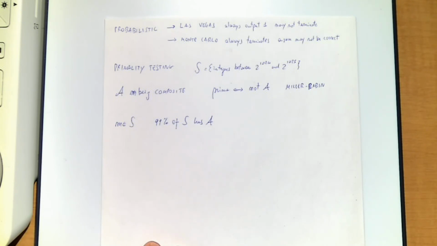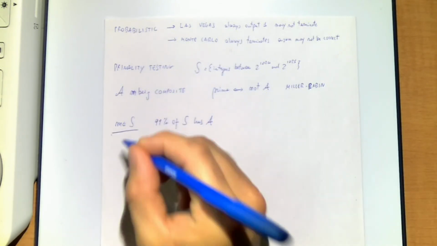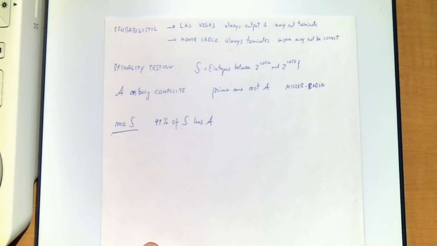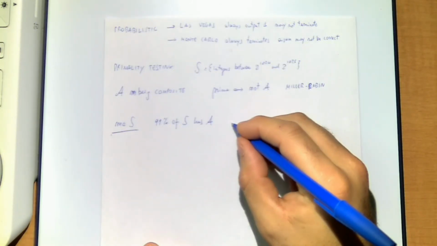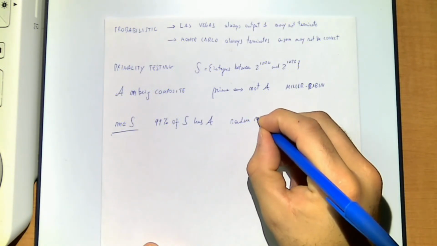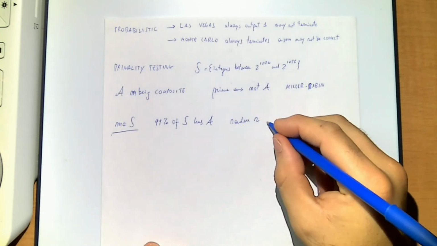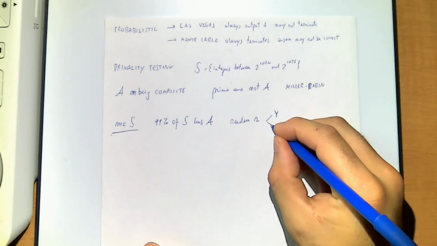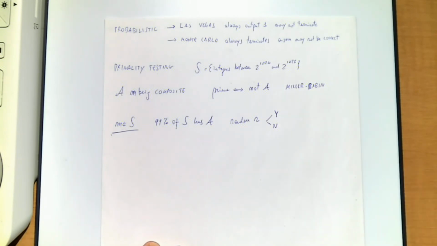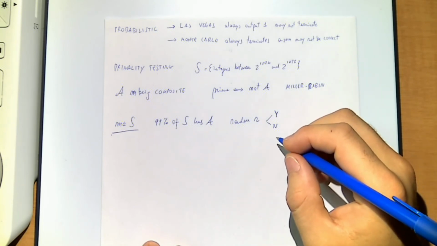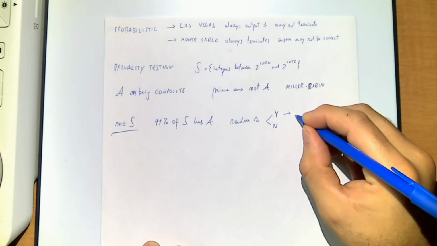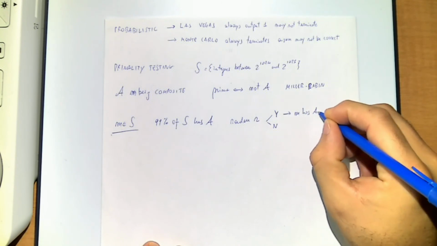So basically, this Monte Carlo algorithm for property A takes as input this integer, and it takes a randomly chosen number R, and returns either yes or no. The rules are the following: if the algorithm returns yes, then m has A for sure.